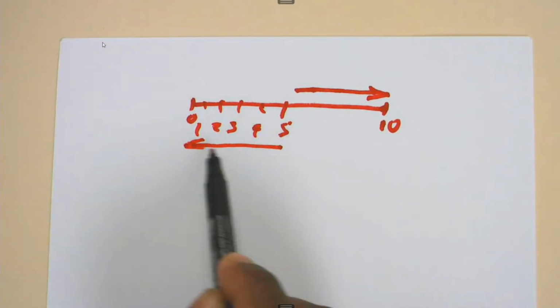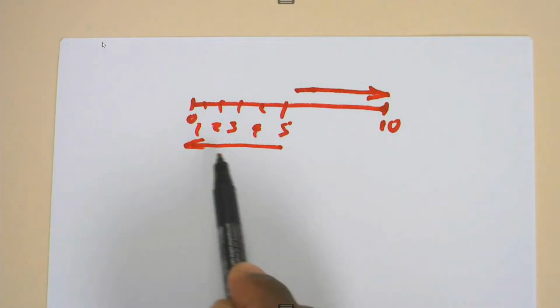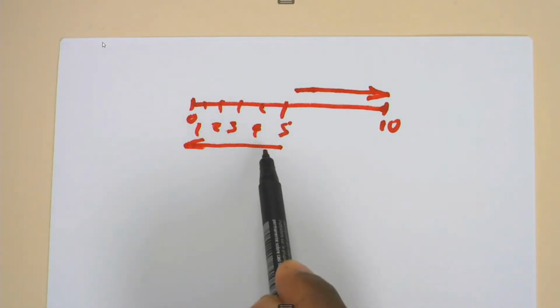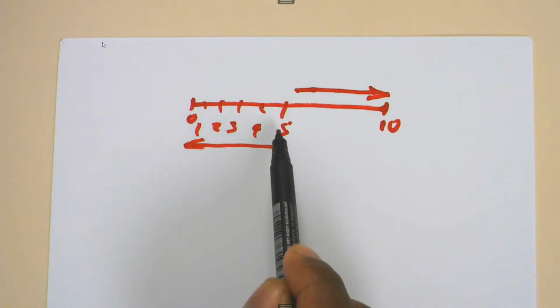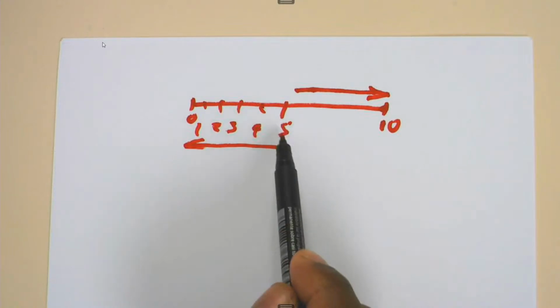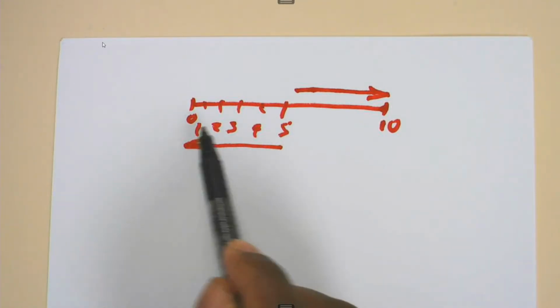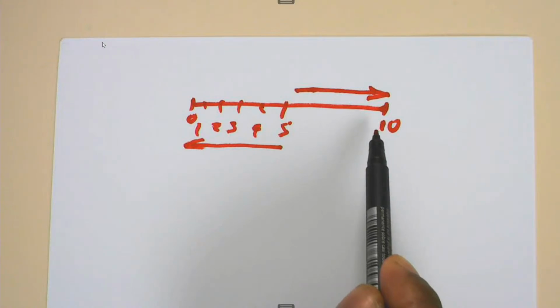We will round off them down to this 0. 1, 2, 3, 4 will be rounded off down to this 0. But when it comes to 5, because now you are in the middle, you cannot go back. You rather go to the next 10th or the next whole number.